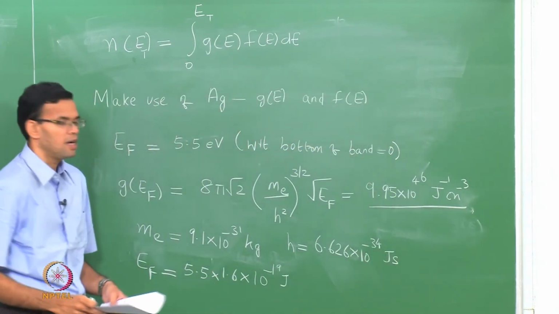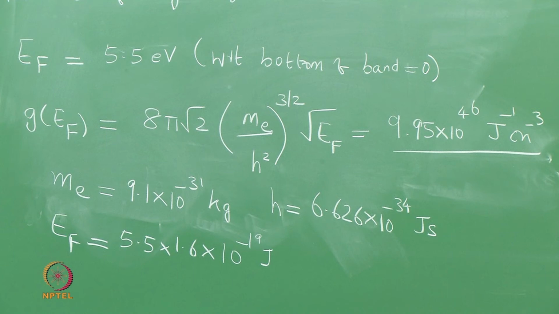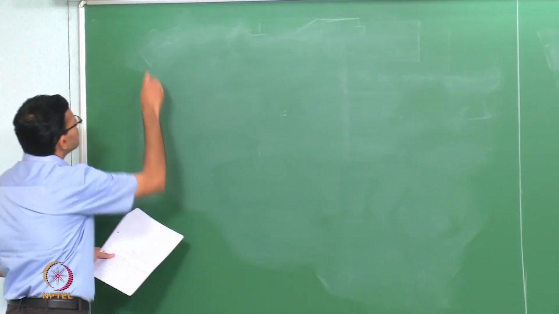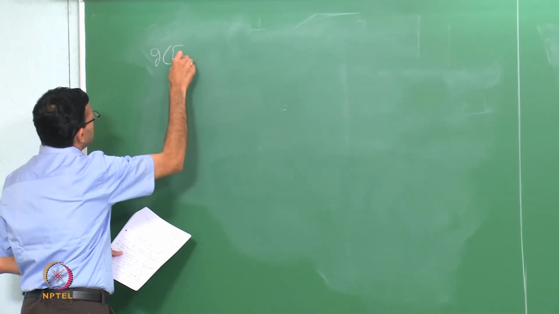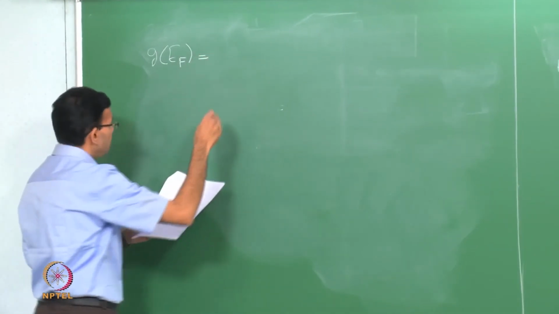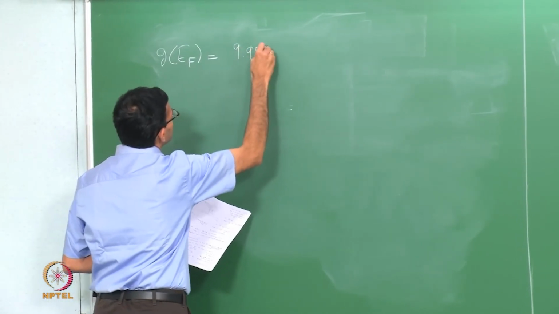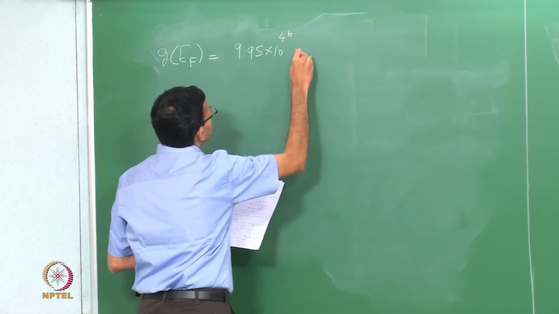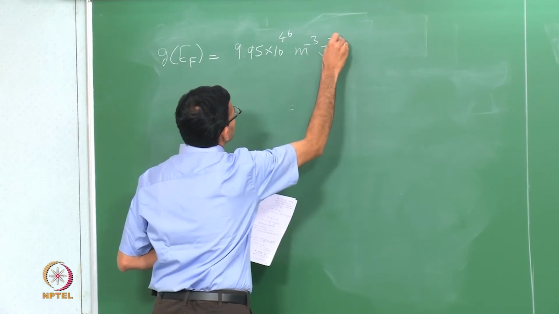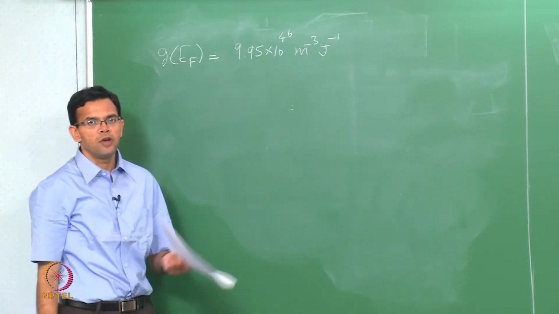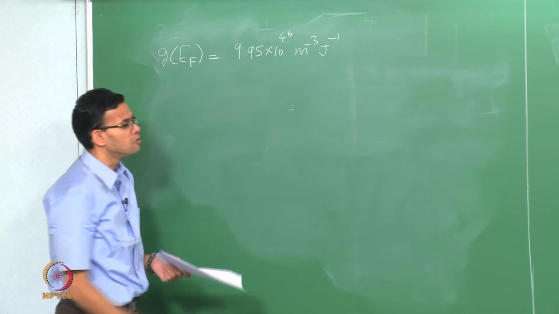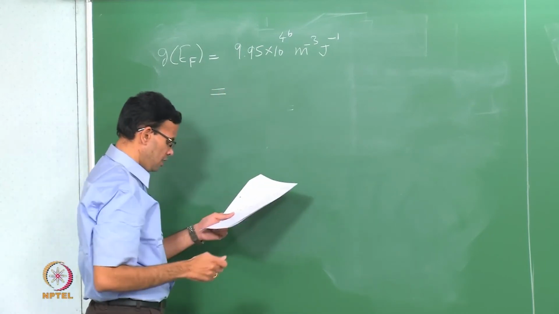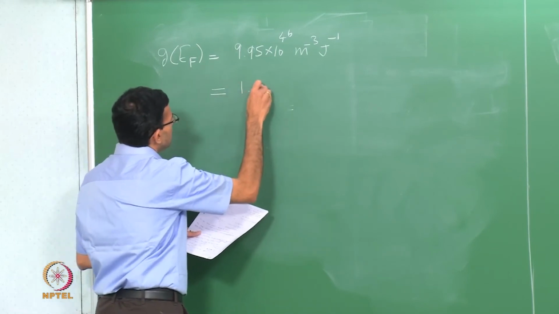So these many states are available per joule and per meter cube in the case of silver at the Fermi energy. So let me write that value again. We can convert this number into electron volts and centimeter cube. So we will just make use of the conversion factor, and if you do the math, this comes down to this value.